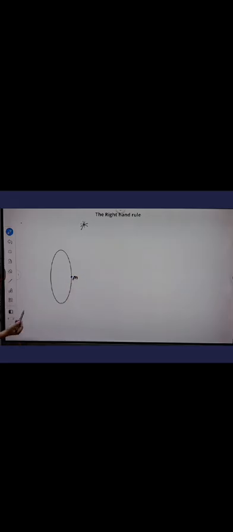Fine. So now look at this diagram here. There's a mass going around a circle this way. Is there any angular velocity here? Since it's covering an angle, there is an angular velocity here, right? So the direction is given by the right hand rule. So how to get the direction? You need to curl your fingers around the circle.